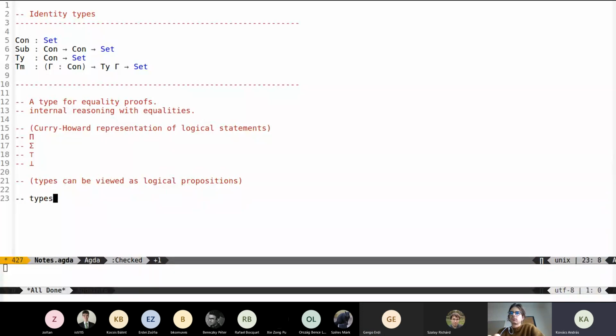There are types, and there are also logical formulas. If I have a type which is a function which goes from A to B, then it's the implication.